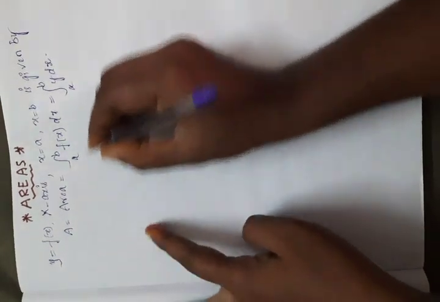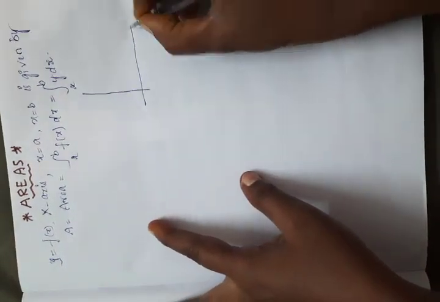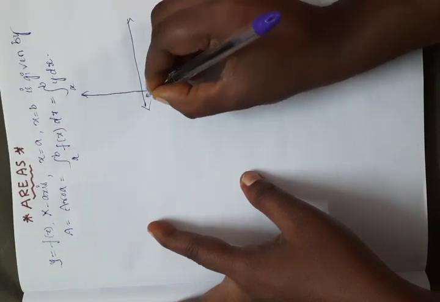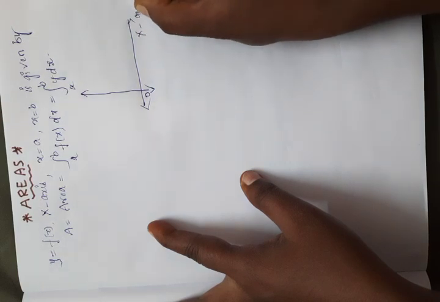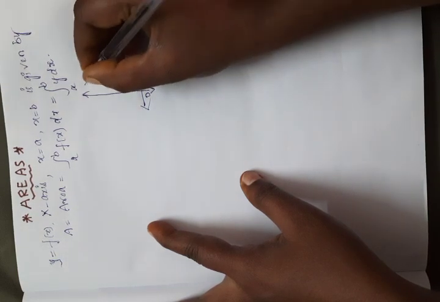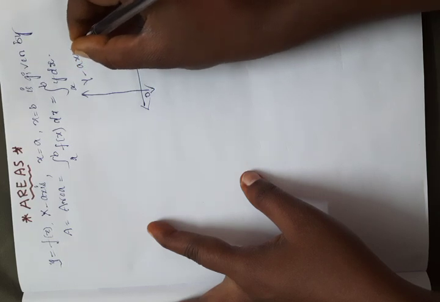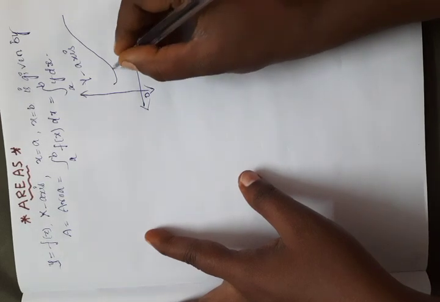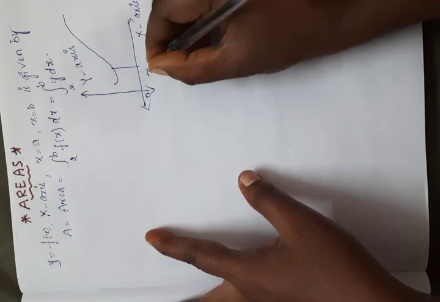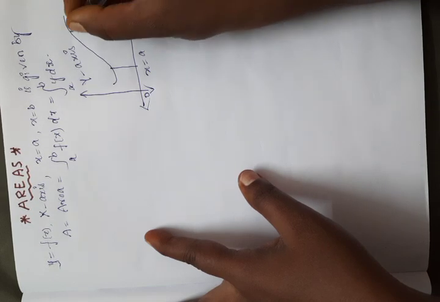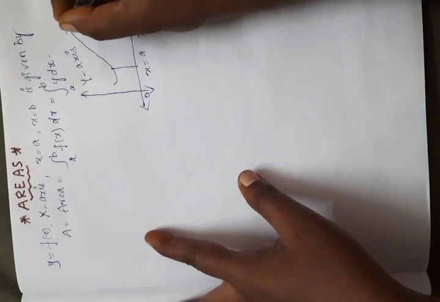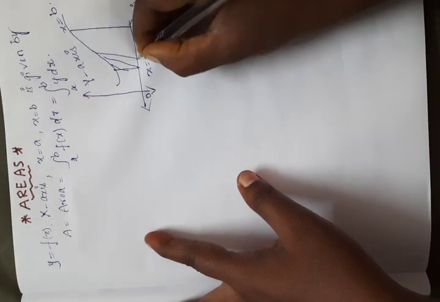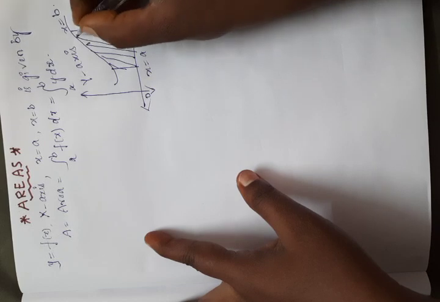Let us see the graph. Here this is known as x-axis, y-axis, origin. Here this is a continuous curve. This is called the x equal to a ordinate, and this is known as the x equal to b ordinate.